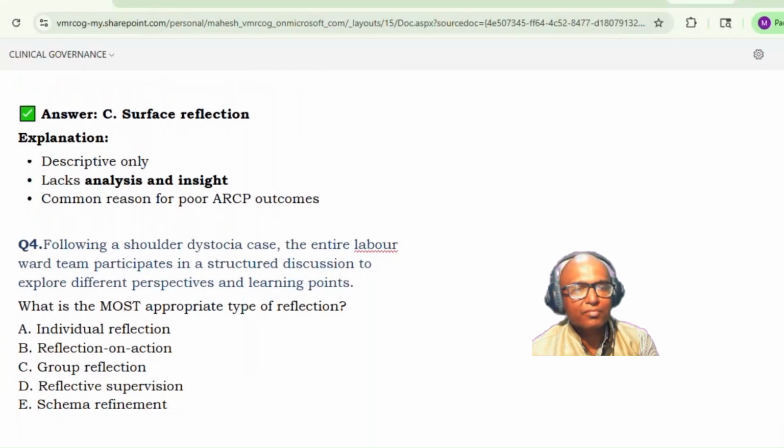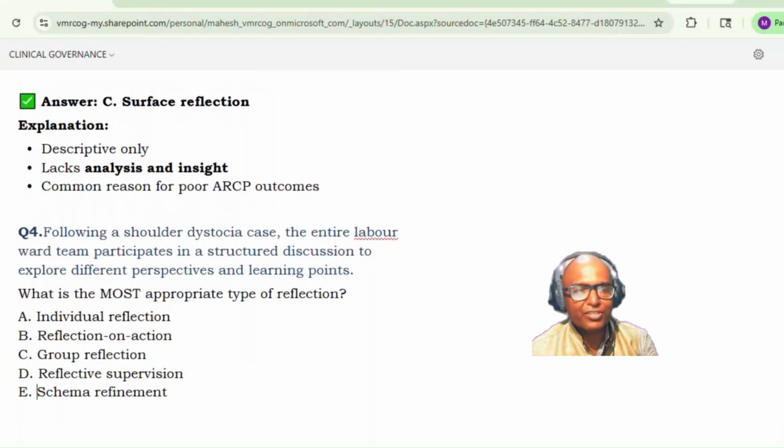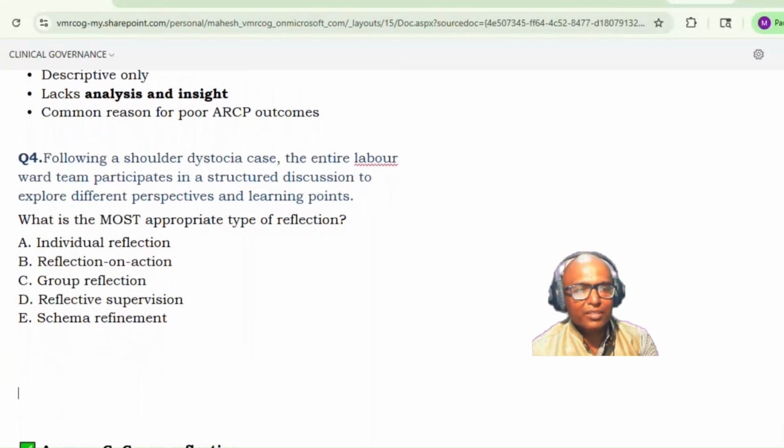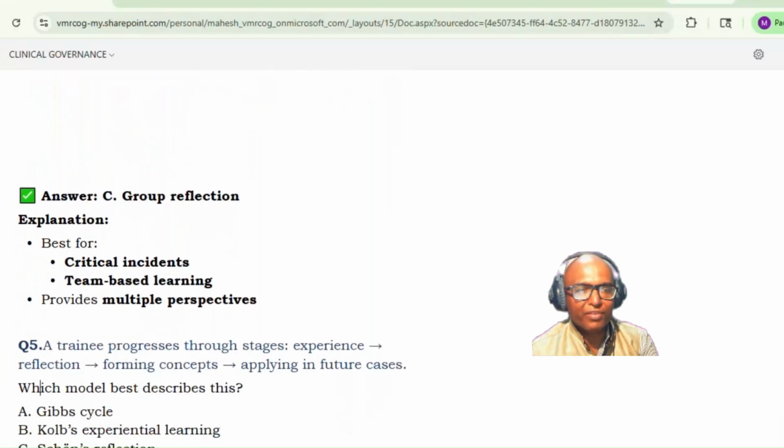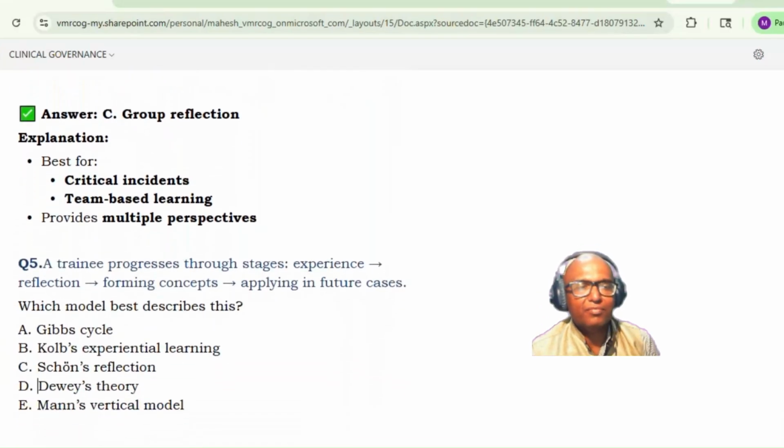It is a reflection on action because it has occurred after the event. But the entire labor ward team is participating, so it should be group reflection. After a critical incident, team-based learning provides multiple perspectives. So it will be group reflection. Next.